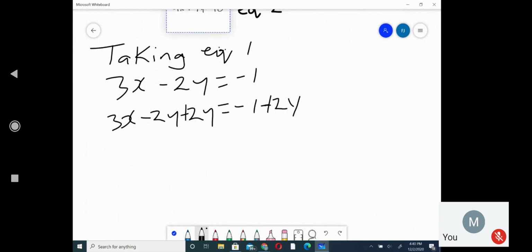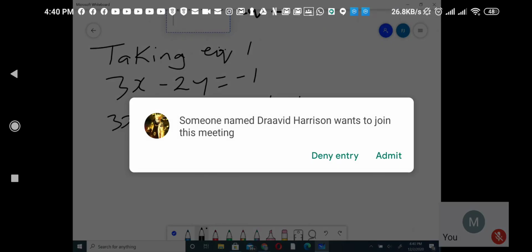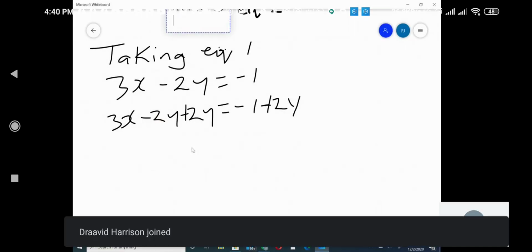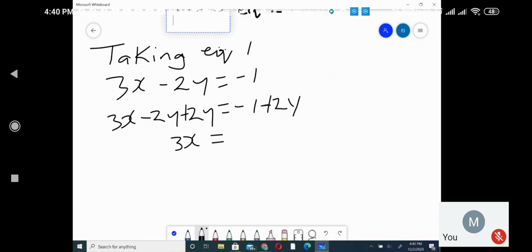Alright, let us do it one step at a time to make sure we don't have any follow through errors. So on the left hand side we will be left with 3x equals negative 1 plus 2y. And then we can go ahead and divide both sides by 3.